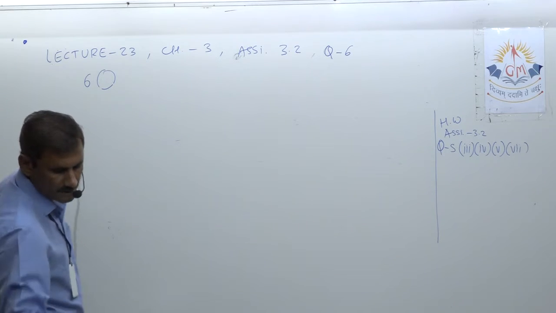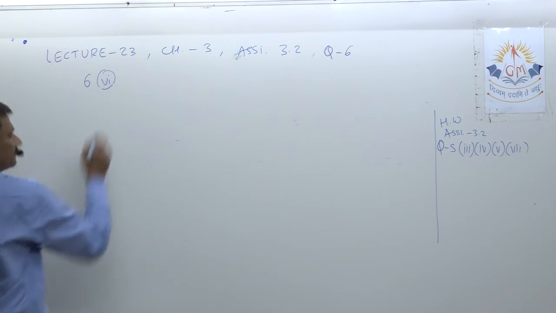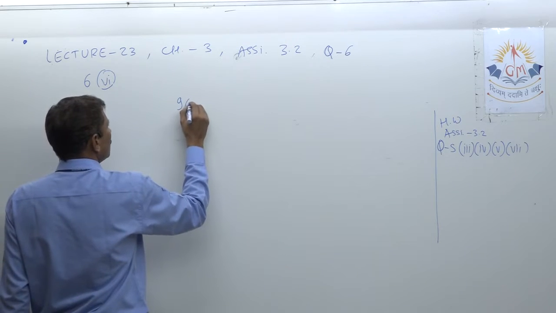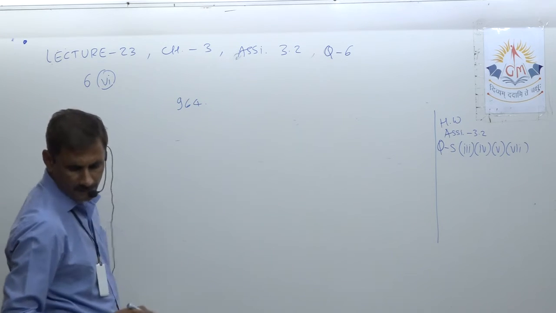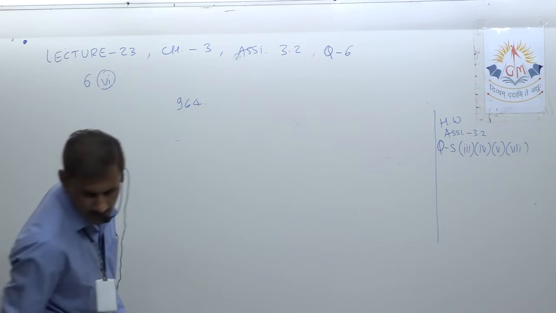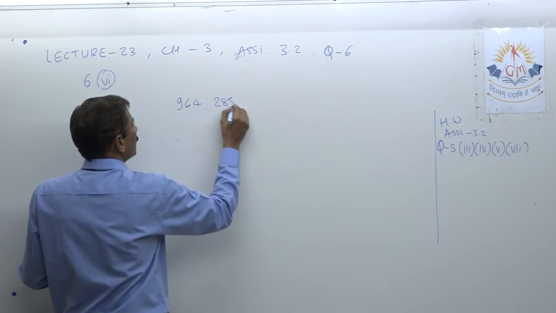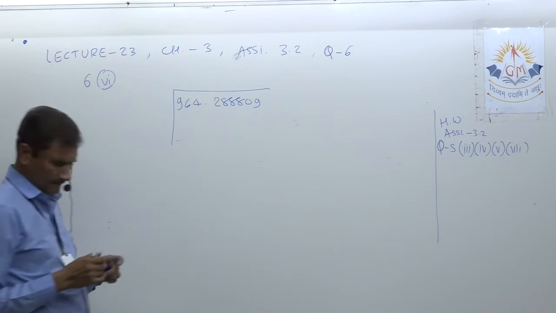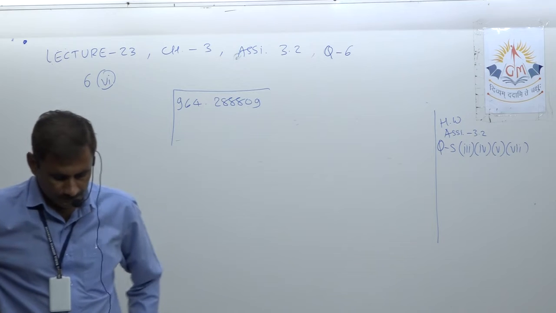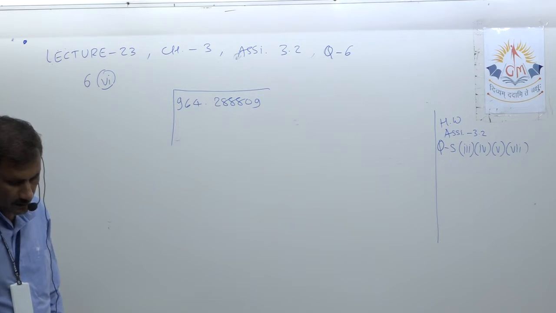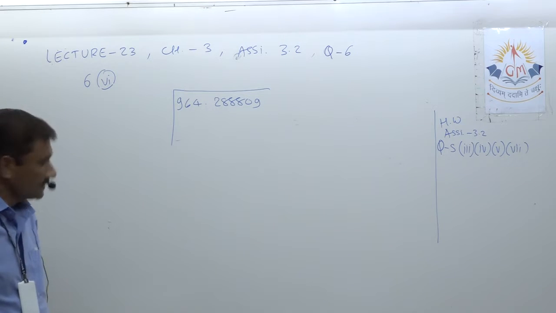It's number 6. The number is 964.288809. Okay, so this is our sum.